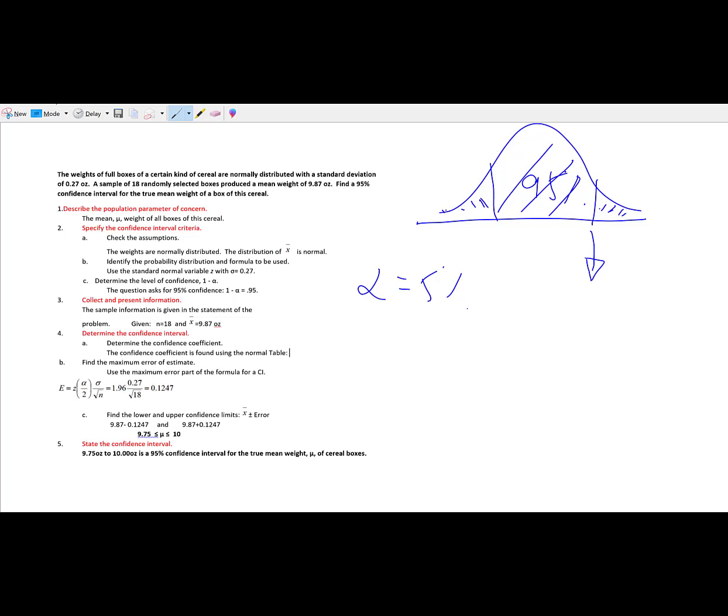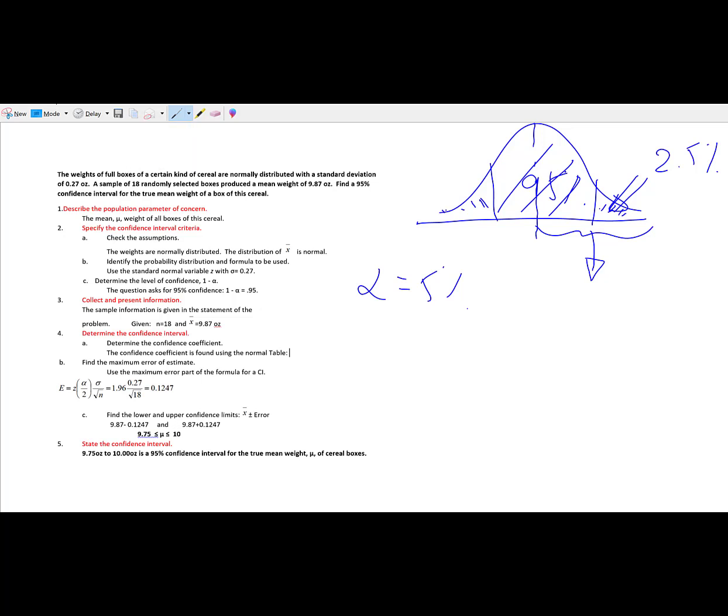So we can use the normal table to identify this z value. The area under the normal curve is 1 and we have a perfect symmetry, so half of our area is 0.5. We have in the right side 2.5% left, so the remainder up to half is 47.5%.